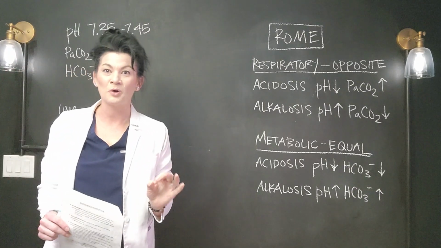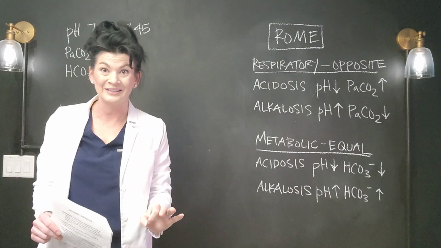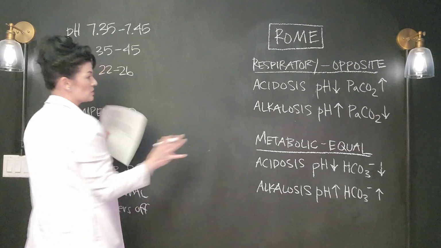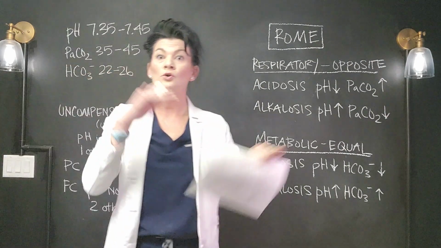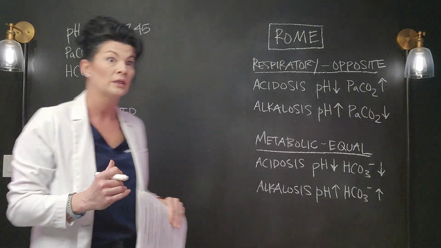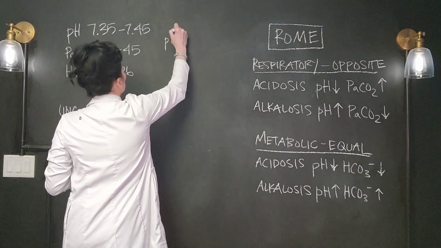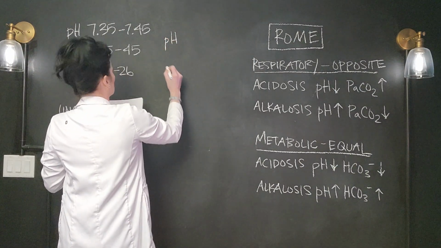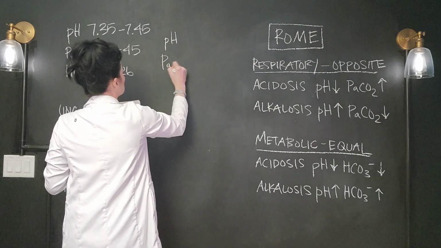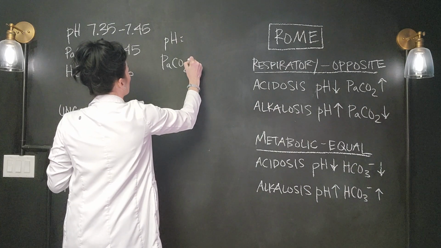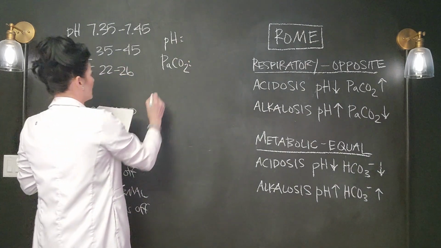Let's start working some problems. This is where it's going to start clicking and where it's going to make sense, okay? So I'm going to give you some values, and we're going to start drawing arrows, and I'm going to show you how to start solving the problem, okay? So pH, we've got partial pressure of CO2, and we have got bicarb.